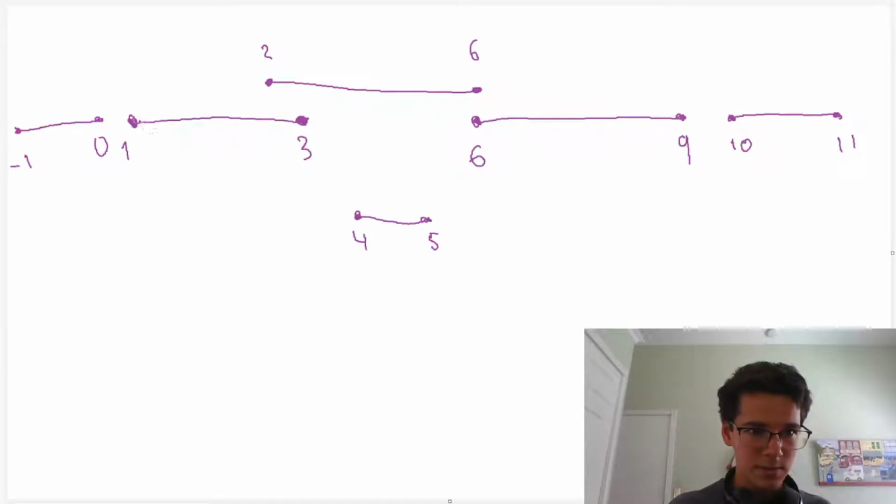And similarly, this value can be here at the farthest and must be all the way over here.